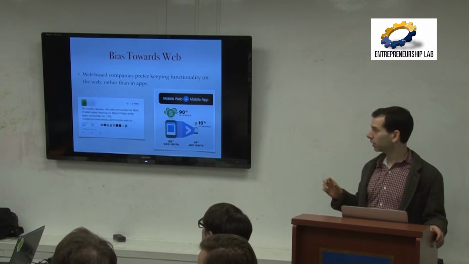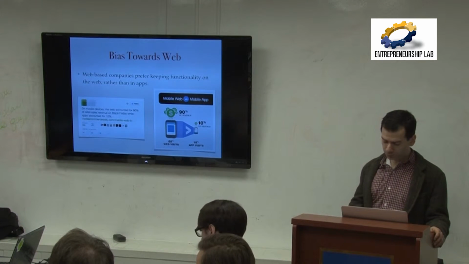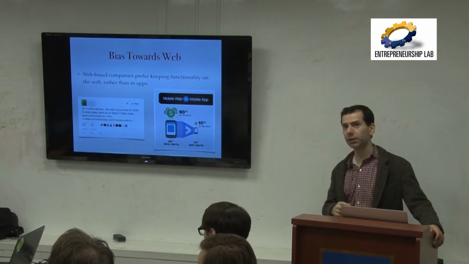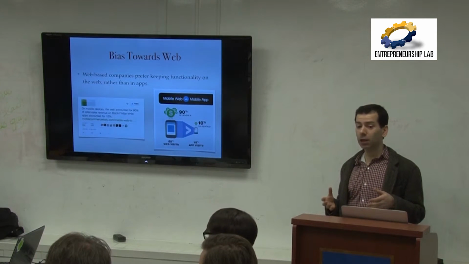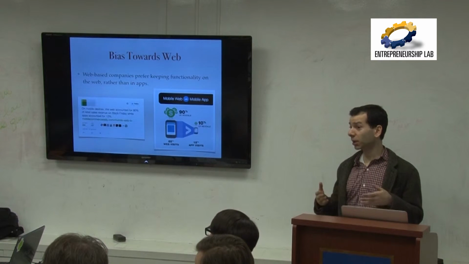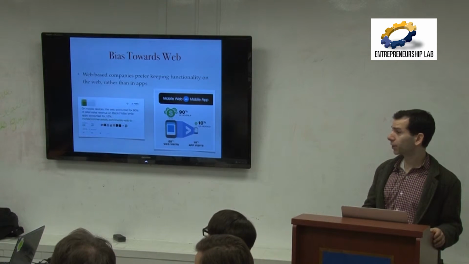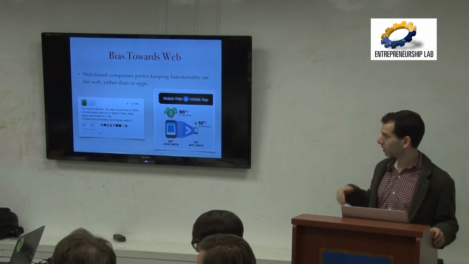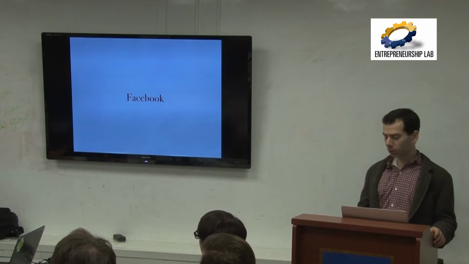So it led to a number which was, I think, unrepresentative. And it got spread, but it's just important to bear in mind that for some companies who do web-based ad spending, they're going to want to keep people on the web. So you should always keep that in mind when you're looking at these stats. If you come across something that seems a little bit unlikely, just dig a bit deeper and see what's going on.